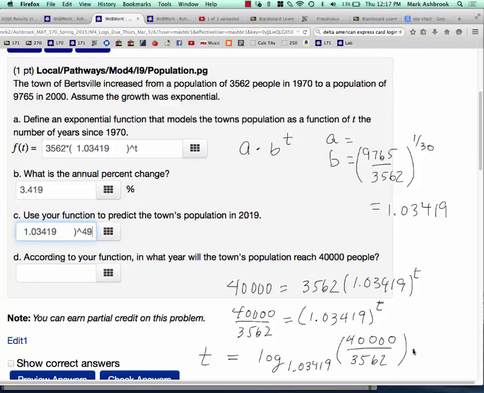But now we need a good approximation. So I'll use ln this time: ln of the ratio over ln of 1.03419. We only had 1 or 2 examples of this, and that's why I want to take the time to show this process.